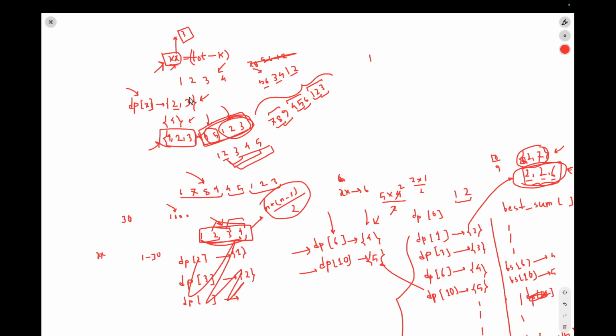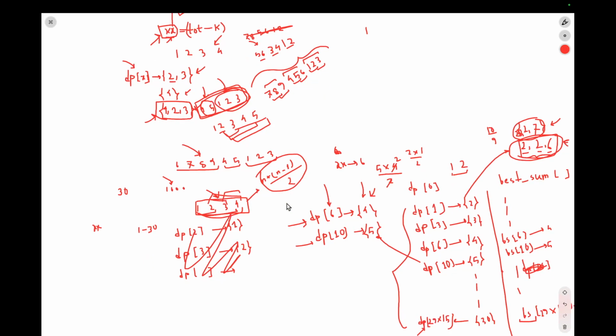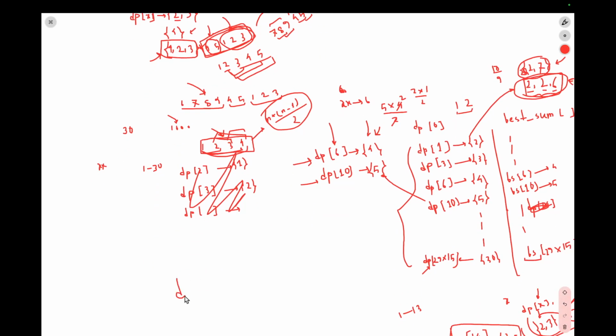And now the thing comes, let's say the best possible dp of x that has come is like this. Let's say that is 4 and let's say 5. But let's say our n is actually 6.